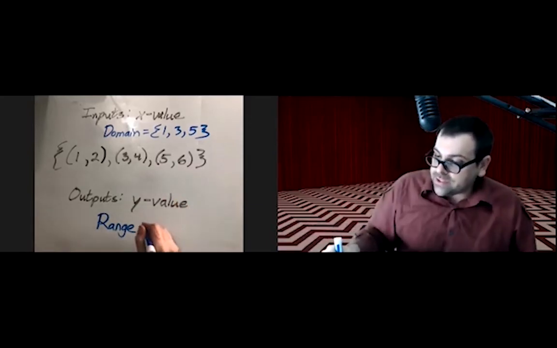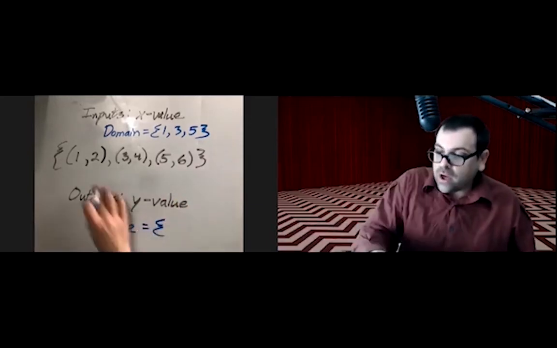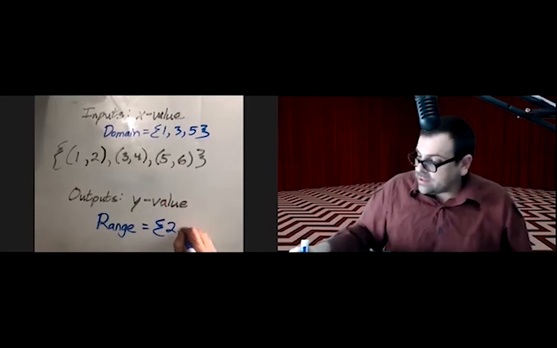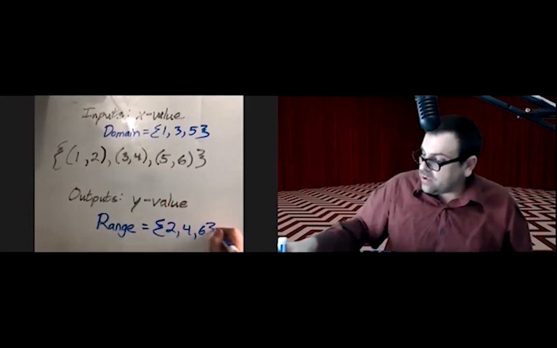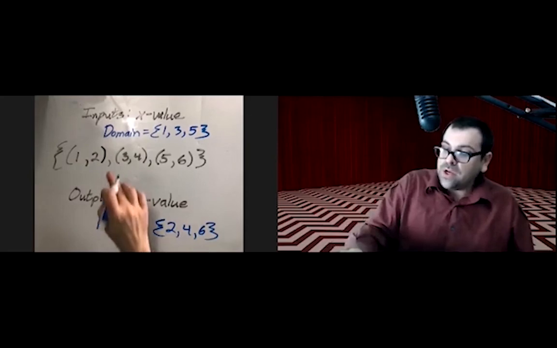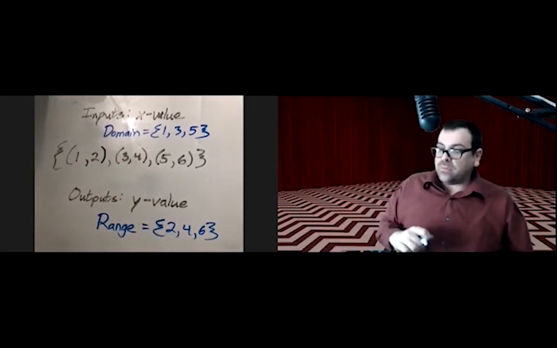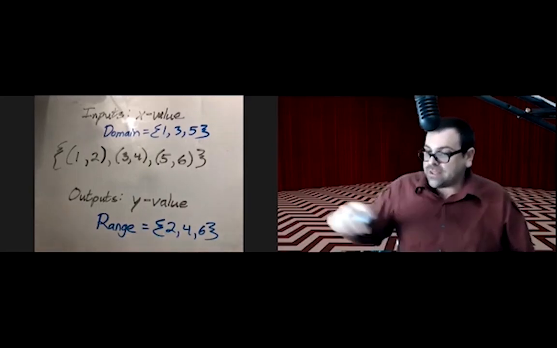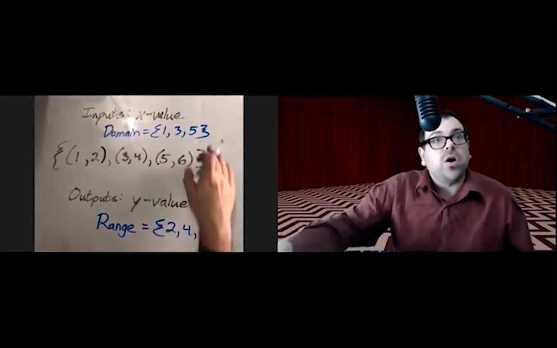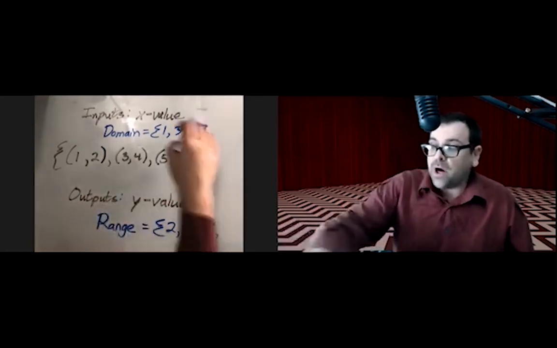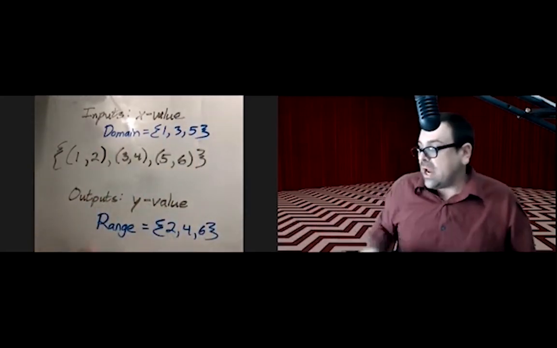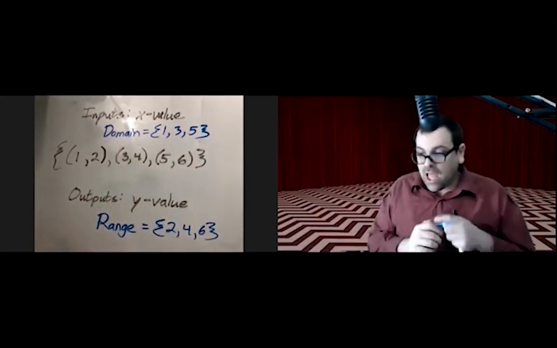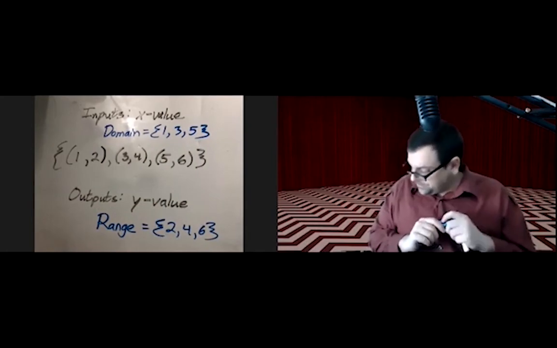The only possible outputs are 2, 4, and 6. An input of 1 gives the output of 2. An input of 3 gives the output of 4. An input of 5 gives the output of 6. So the domain is all of our possible inputs. The range is all of our possible outputs.